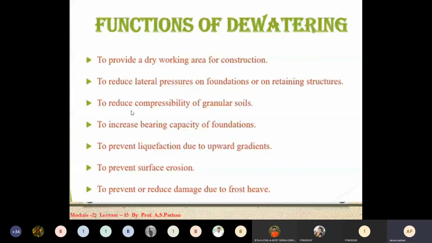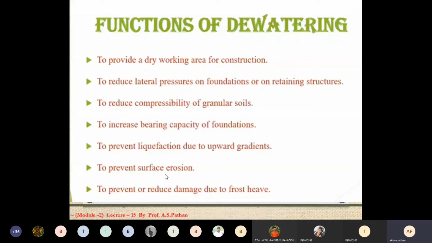Then the third important objective behind dewatering is to reduce compressibility of granular soils, to increase bearing capacity of foundations, to prevent liquefaction due to the upward gradient, and to prevent surface erosion. This is one of the important functions of dewatering.